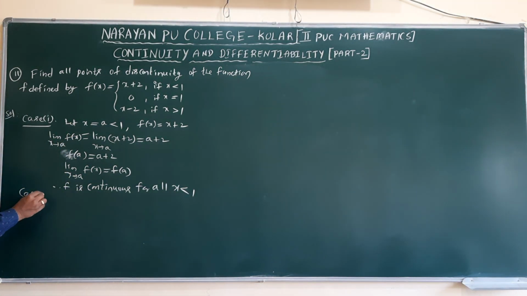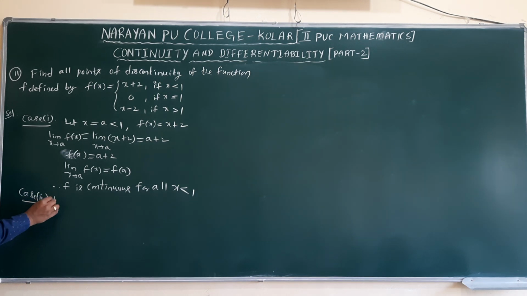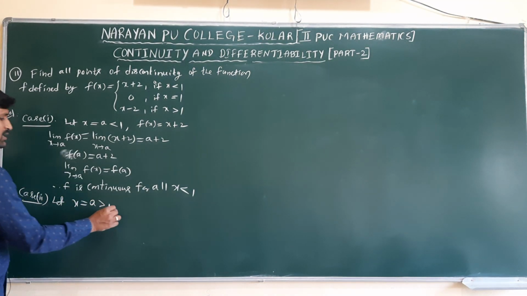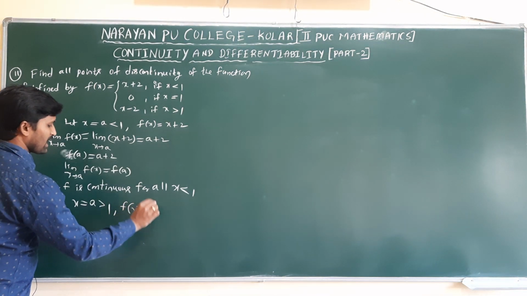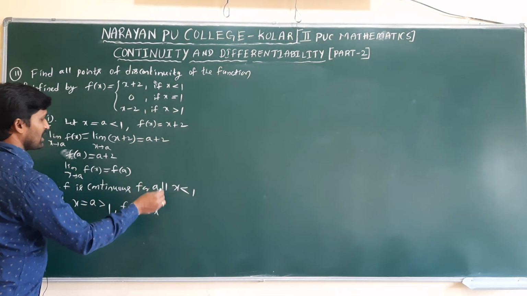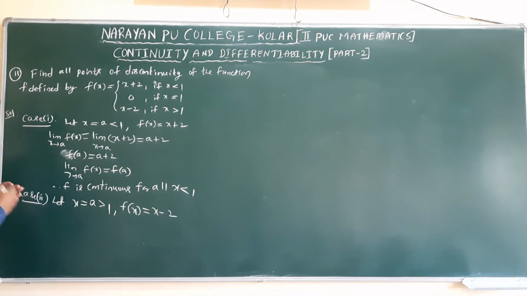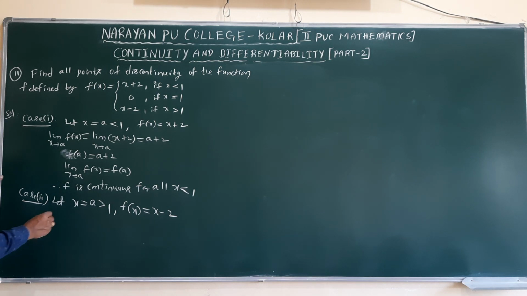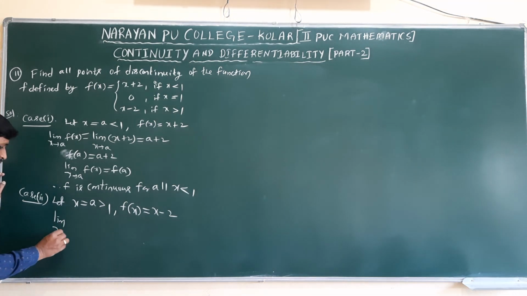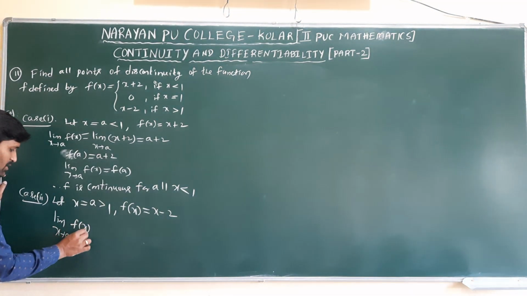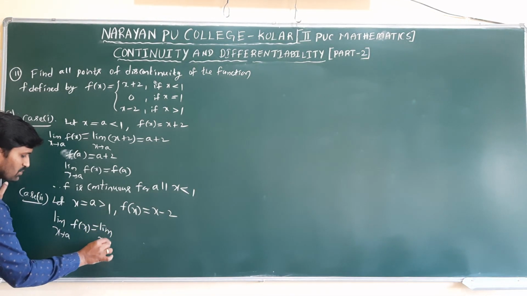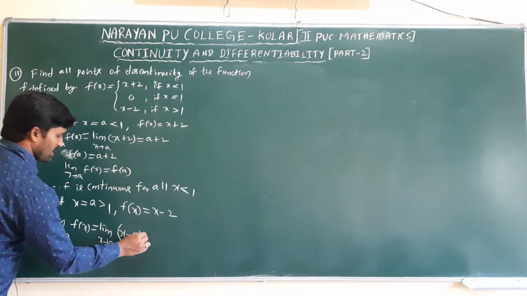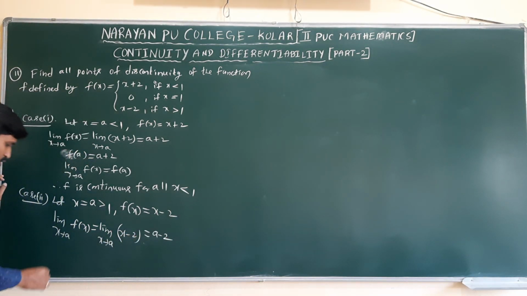Next, case 2. Let x equal to a, where a is more than 1. More than 1 means a can be anything more than 1, we don't know exactly, that's why we verify with a common symbol a, which can be any number more than 1. Here also a single function is present. Limit as x tends to a of f of x is equal to limit as x tends to a of x minus 2. Now x tends to a means replace x with a, so a minus 2.